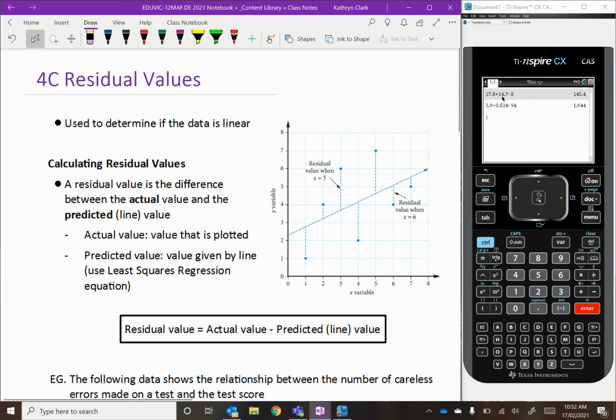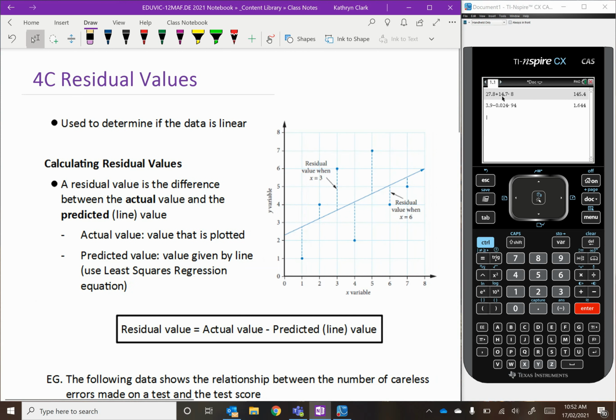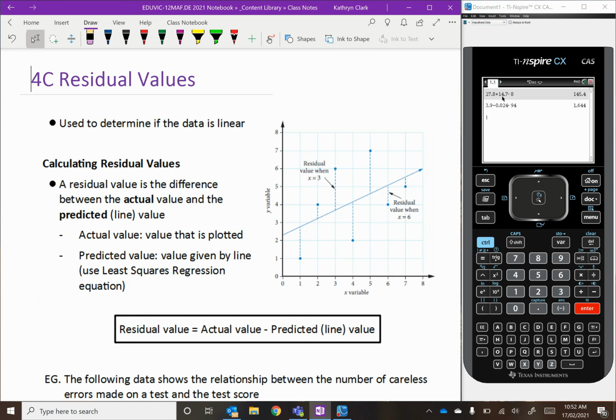All right. So we're now going to have a look at residual values. Now, residual means leftover. It's like something that is left over.